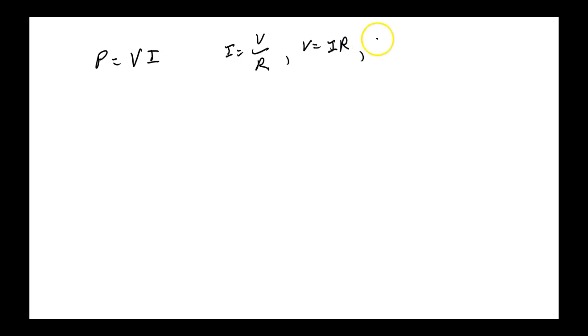And the last one, R equal V over I. Now, we're only going to need the first 2, but I just wanted you to remember those. So let's see what happens if instead of V, we put IR. Well, then we have power is equal to IR times I, which basically is I squared R.